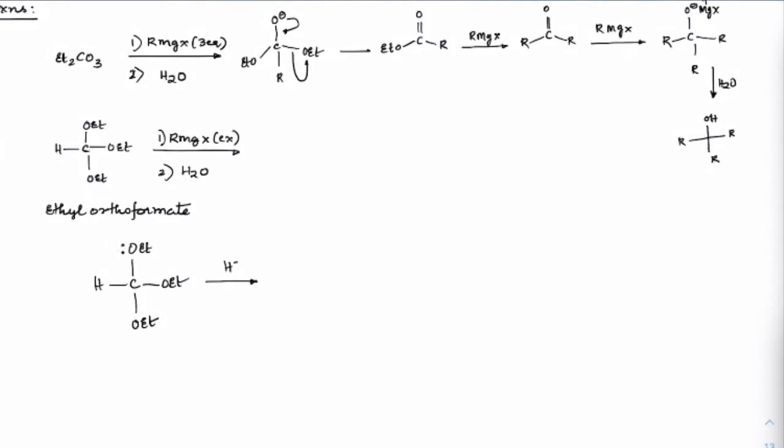That means if you have H plus, then we could have OEt H positive, which becomes a good leaving group. Now because that can become a good leaving group, this lone pair can attack and this group can leave. And since RMgX is not an acidic medium, you won't see any reaction happening immediately on this.